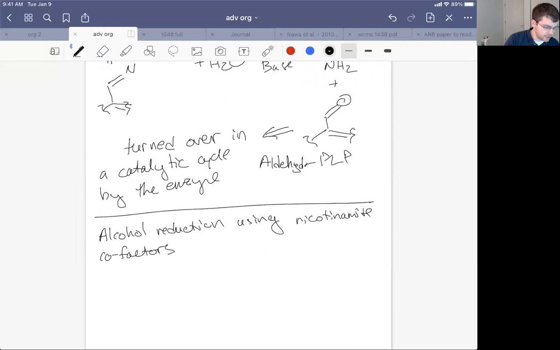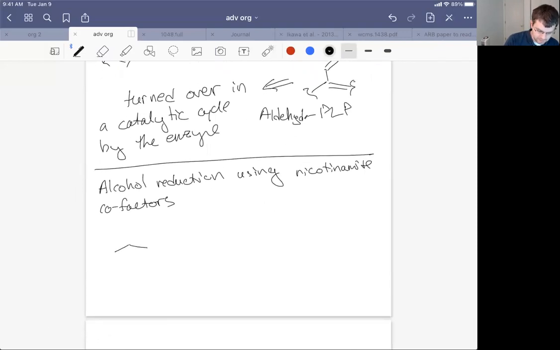With nicotinamide cofactors, I believe you use this molecule, which is nicotinamide. It looks a lot like nicotine, it turns out, but nicotinamide.